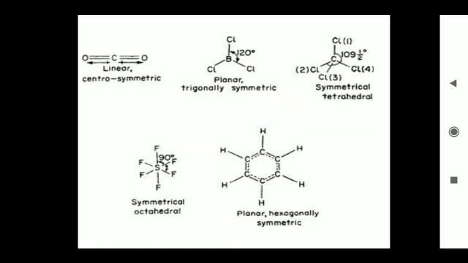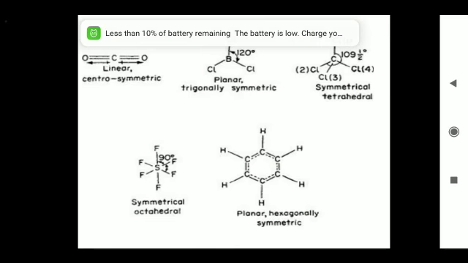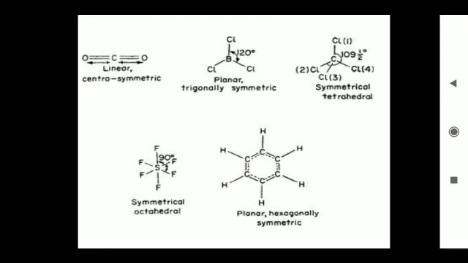The first compound is carbon dioxide. It is planar or symmetrical, so its value is 0. Next, another planar compound. Next, CCl4 is also symmetrical, so its value is 0. And another symmetrical compound.